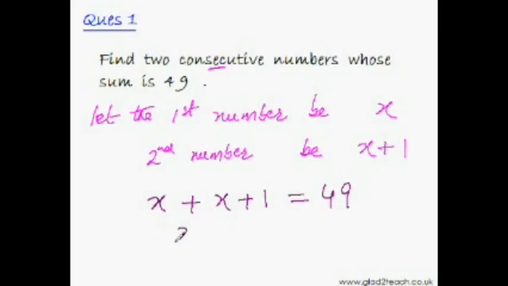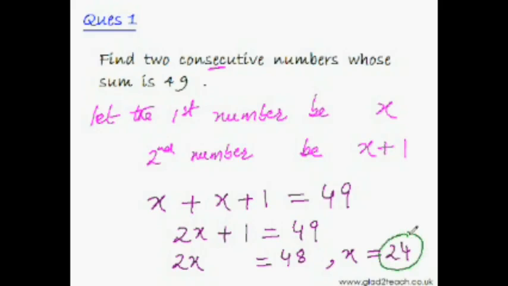This would be 2x plus 1 equal to 49, or 2x equal to 49 minus 1, that is 48, or x will be equal to 48 divided by 2, which is nothing but 24. So we have the answer, x equal to 24. That means one number is 24, and the other number would be 24 plus 1, that is 25. Question solved.